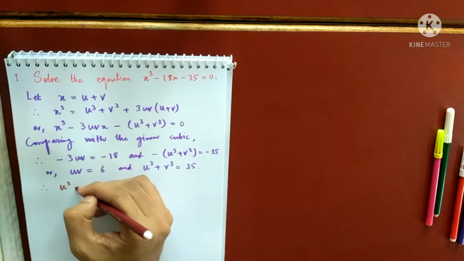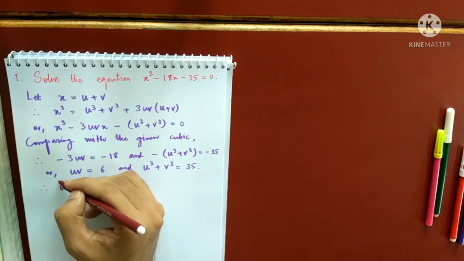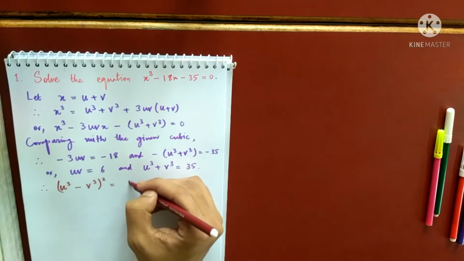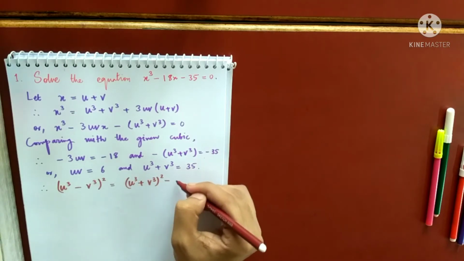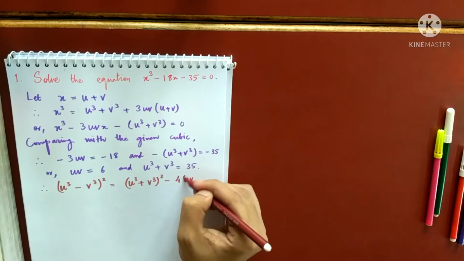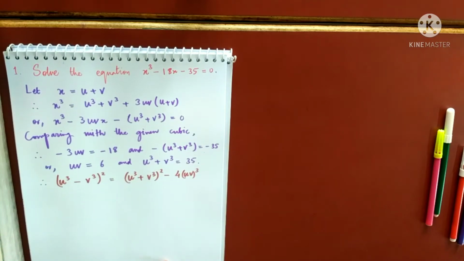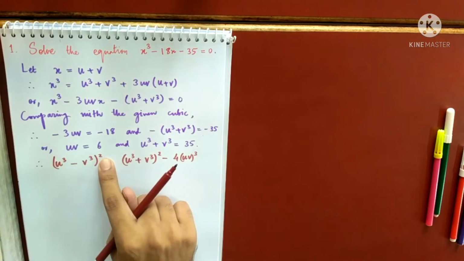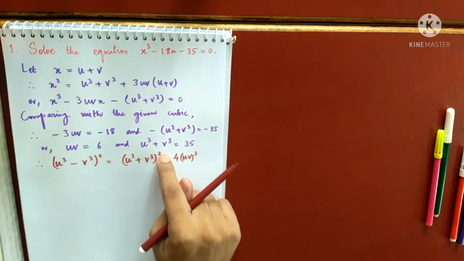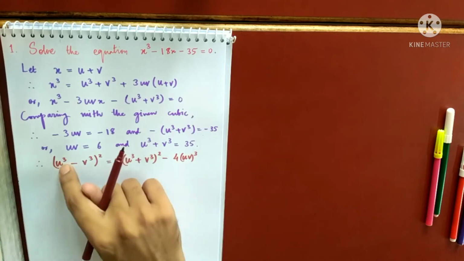So u cube minus v cube whole square is nothing but u cube plus v cube whole square minus 4uv whole cube. I already explained why to use this, because a minus b whole square is a plus b whole square minus 4ab.